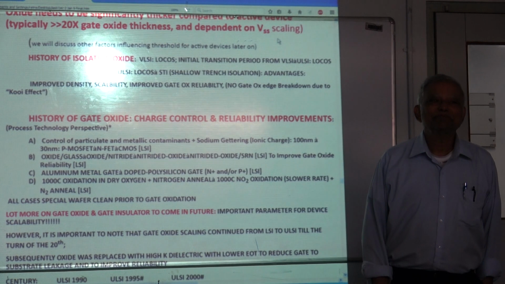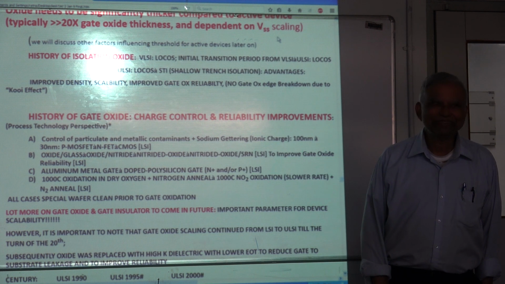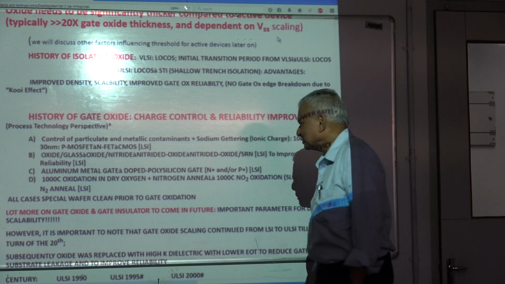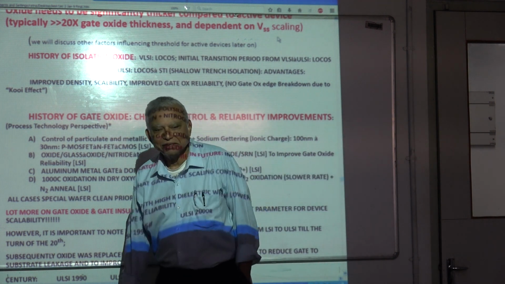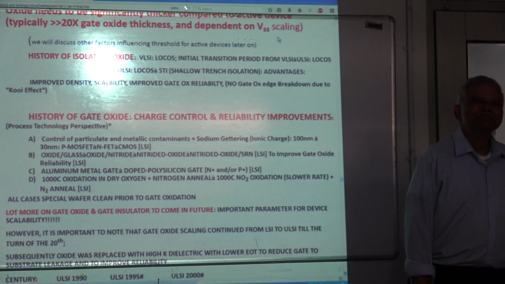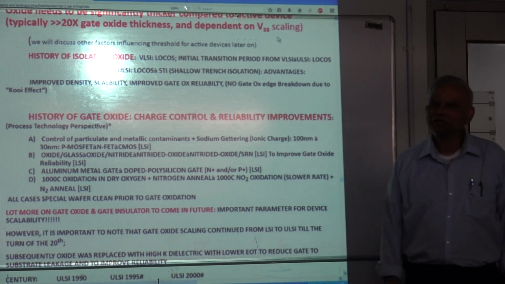Why do you lower the temperature? Why do you try to lower the temperature? So thermal budget. Eh? Thermal budget. You said it. Because everything moves, all these impurities move all around. So control the thermal budget. It's a part of integration. It's a very key factor.